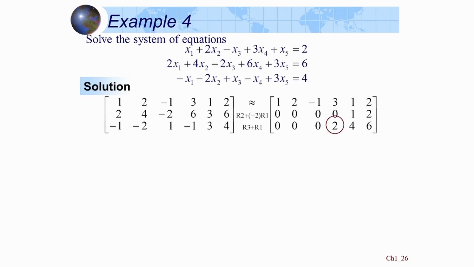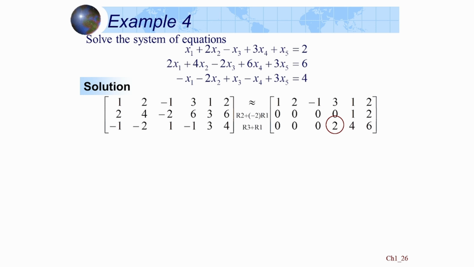Next example is again a system consisting of 3 equations in 5 variables. Okay. A large number of variables. Okay, again we choose the first non-zero entry of the first column to be the pivot and clean the first column using it, and together with the first column the second and third columns will also be cleaned.